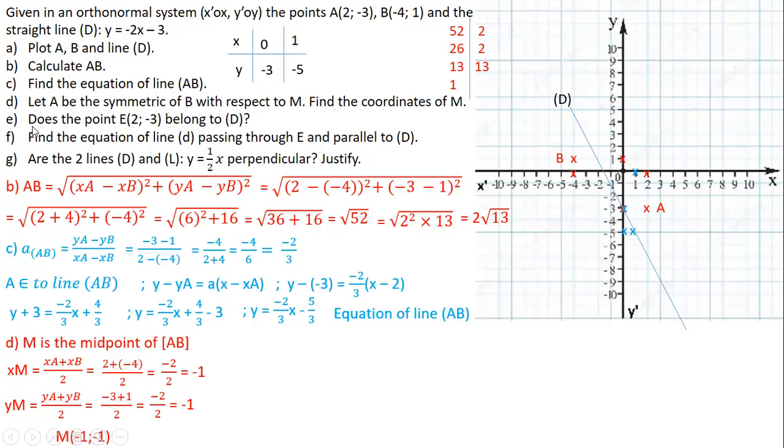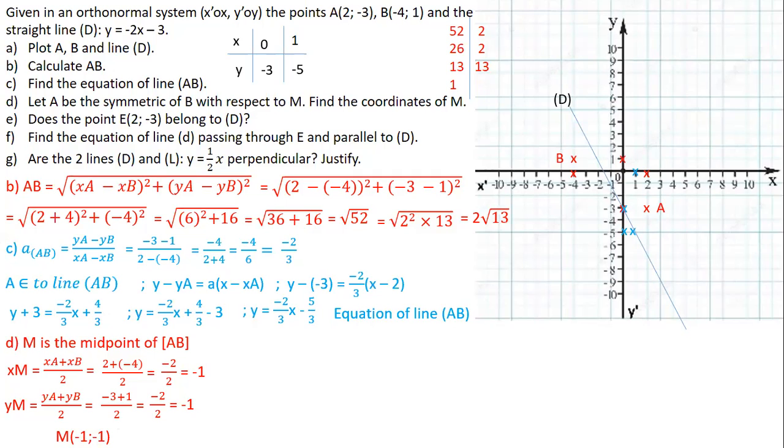Now in part E, let me move to Abbas. Yes, Abbas. Yes, miss. Does the point E, which has coordinates (2, -3), belong to D? How do we know if a point belongs to a straight line, Abbas?